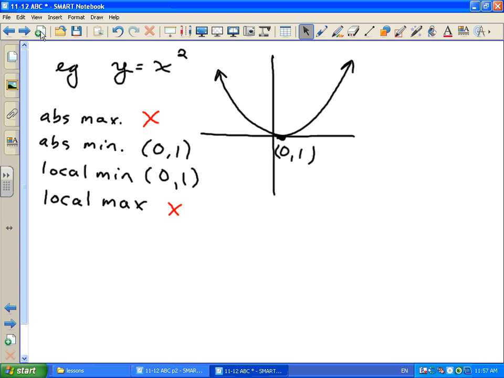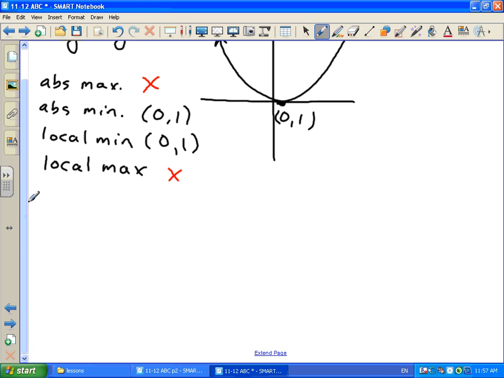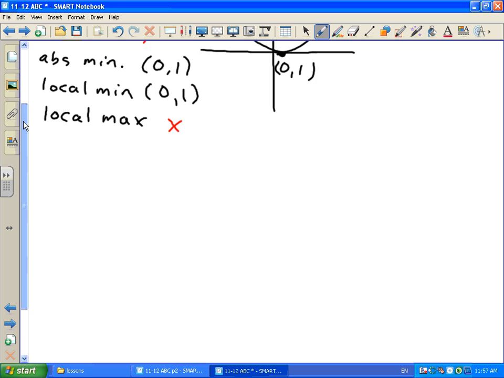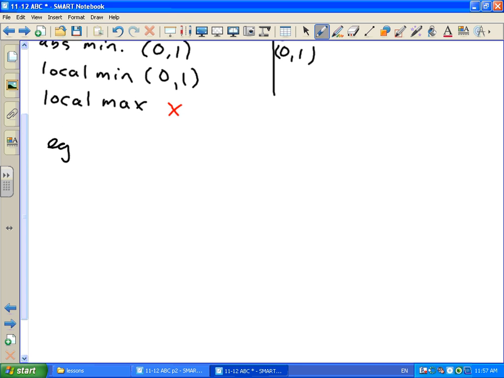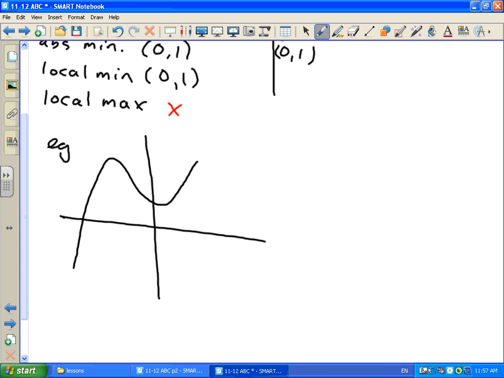So we could take a look at the example that Nick was asking about earlier, where we had something that went like this. And we could ask ourselves, do we have an absolute maximum?